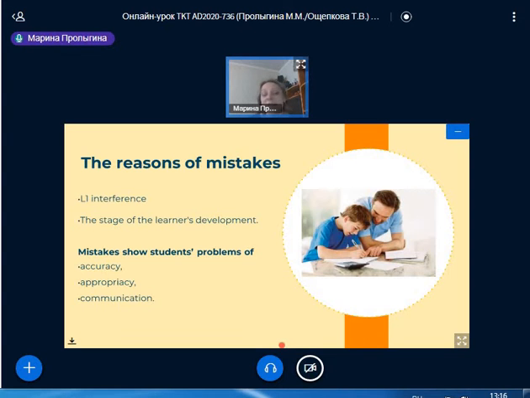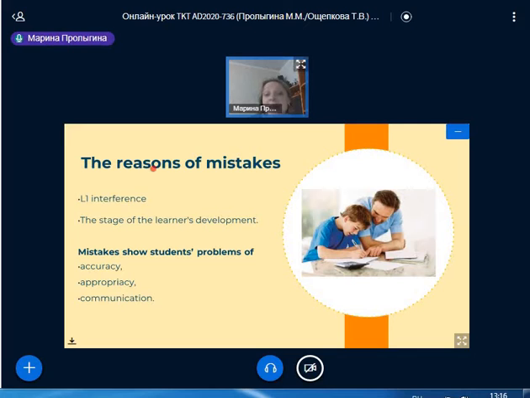Well, actually, if we follow the methodological ideas, there can be two main reasons for mistakes. The first one, as you have mentioned, is interference of other languages and mainly of the mother tongue, of course, of the first language.